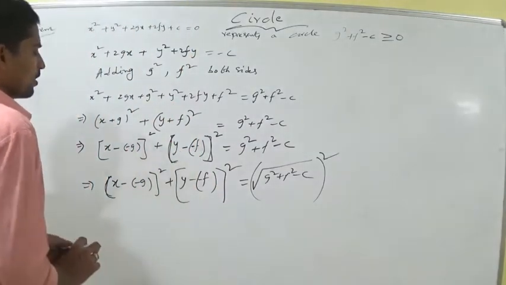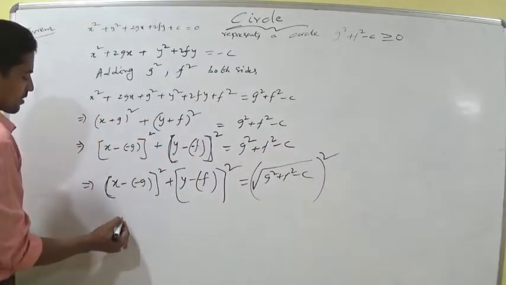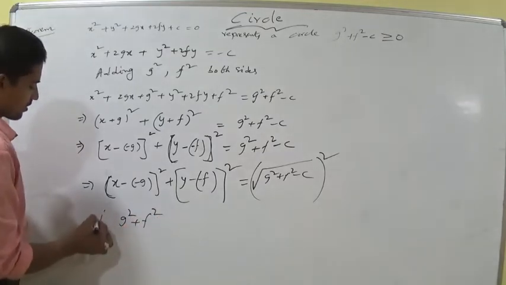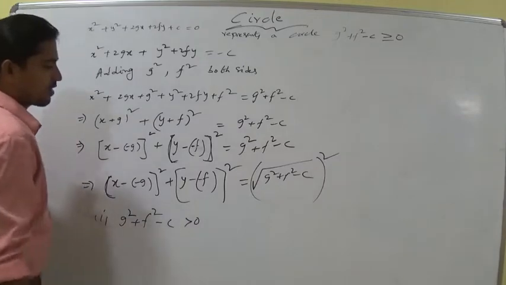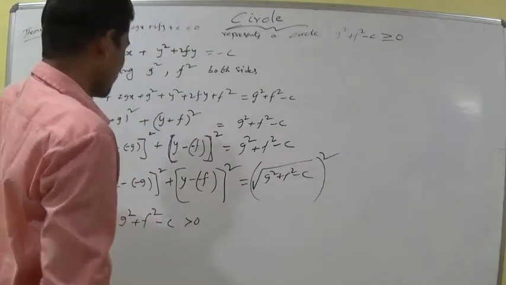Here g square plus f square minus c is greater than 0, I mean to say positive.